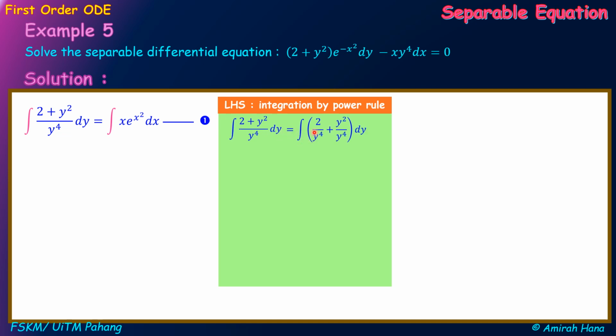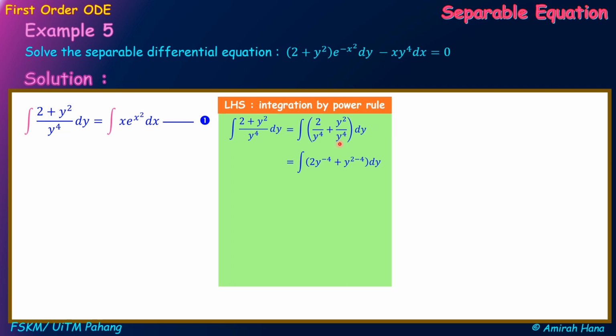So we have the integration of 2 over y to the power of 4 plus y squared over y to the power of 4. Then we can move up the 1 over y to the power of 4 using the properties of indices, so we get 2y to the power of negative 4. And then for y squared over y to the power of 4, we can simplify using the properties of indices.